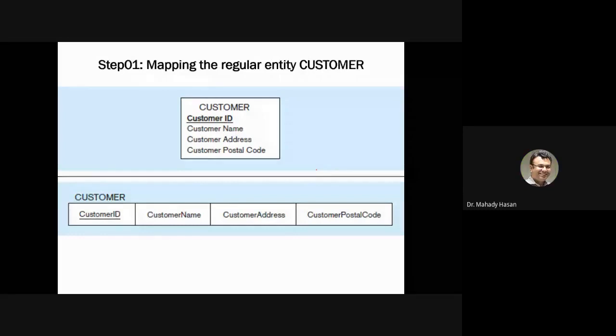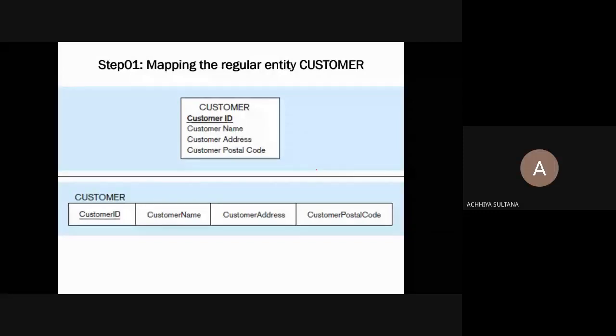Composite attribute. Sorry, is it? Sir, customer name, what type of attribute? Composite attribute, because it will have last name and first name. No. If it is a composite attribute, then it should have a specific notation. What is the notation for composite attribute?